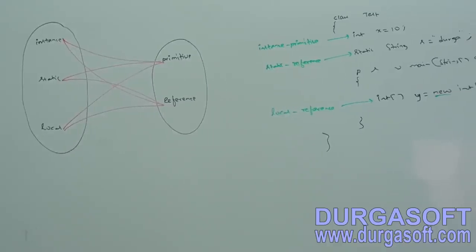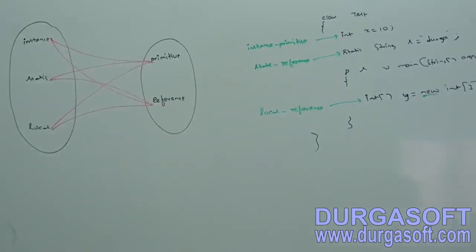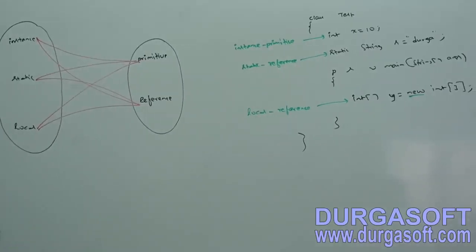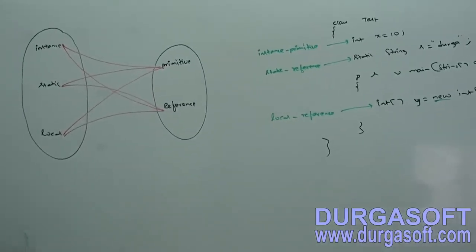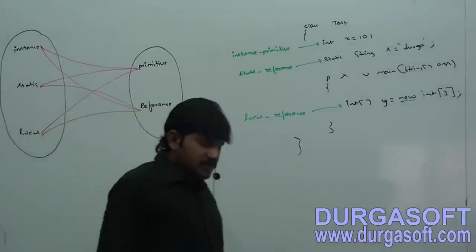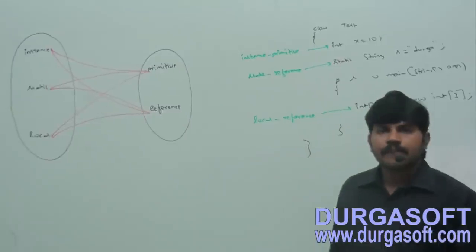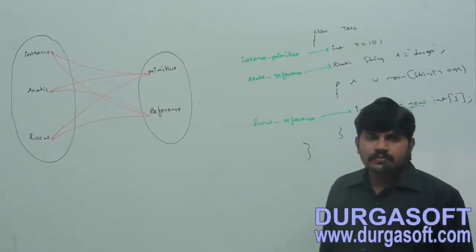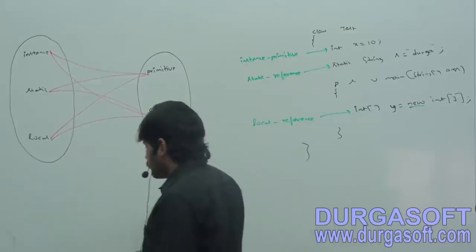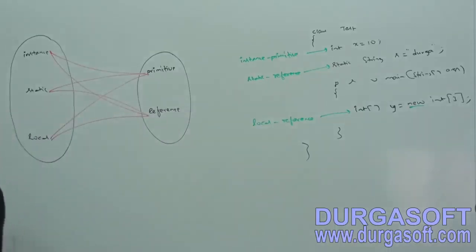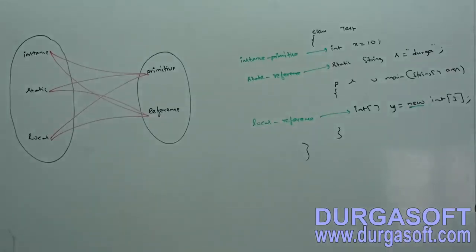Instance primitive, instance reference, static primitive, static reference, local primitive, local reference. Completed, right?